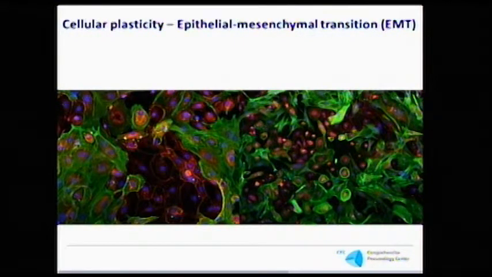And then you also see SMA, smooth muscle actin, a mesenchymal marker, which is also expressed by these cells. If you have a little bit of time to look at this picture, you see cells which only have an epithelial phenotype, some which have both an epithelial and mesenchymal phenotype, and others which only have mesenchymal proteins expressed, which underlines the huge plasticity these cells have, and this might also contribute to fibrosis.